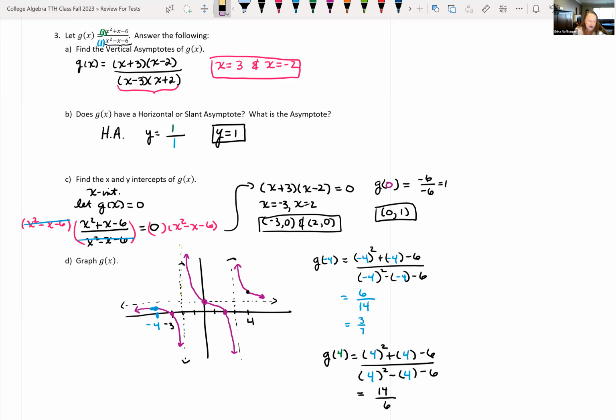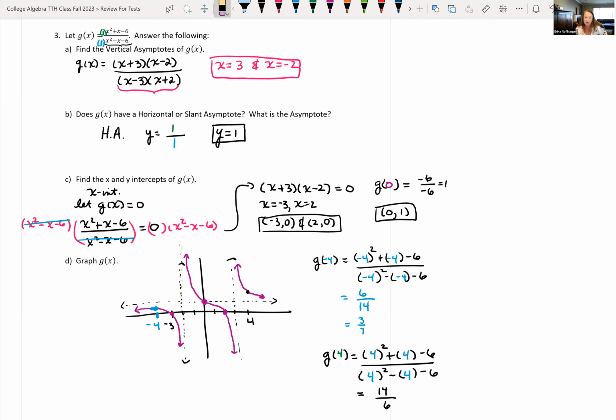So I just wanted you to be aware that, recall, our graphs can never cross a vertical asymptote. If you think about the domain of our rational function, we have to worry about values which set our denominator equal to 0, and we have to exclude those. So in our domain, x cannot be -2 and x cannot be 3.